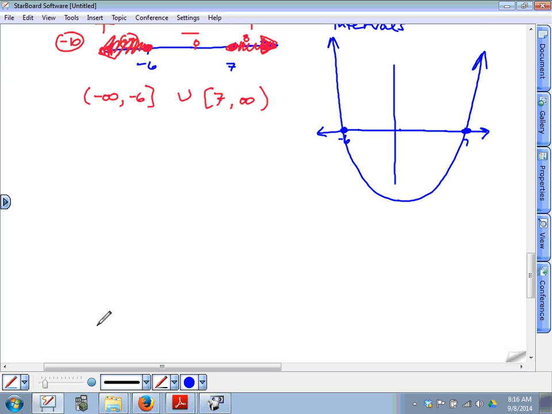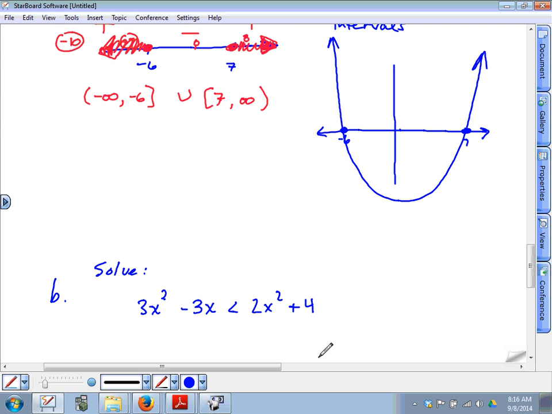So part B, same example. I'll have you solve 3x squared minus 3x plus, then 2x squared plus 4.